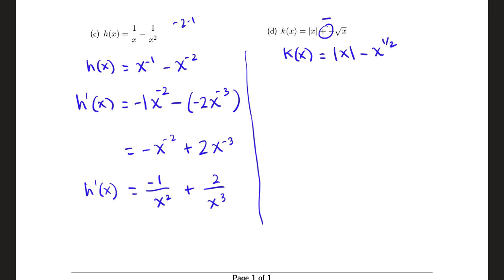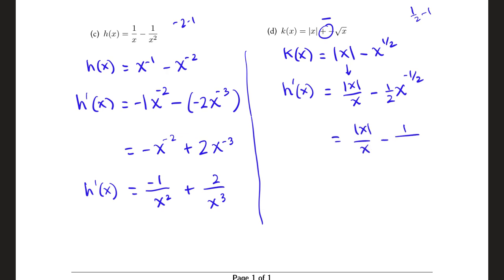This is the difference, whose derivative is the difference of the derivatives. So k prime of x equals the derivative of the absolute value of x, which is the absolute value of x over x, minus the derivative of x to the 1/2, which is 1 over 2x, and we lower 1/2 by 1, so we have negative 1/2. This is the absolute value of x over x minus 1 over 2x to the 1/2, or the absolute value of x over x minus 1 over 2 root x.